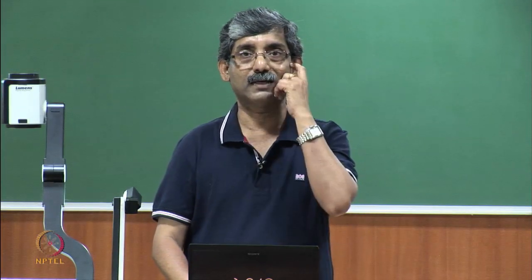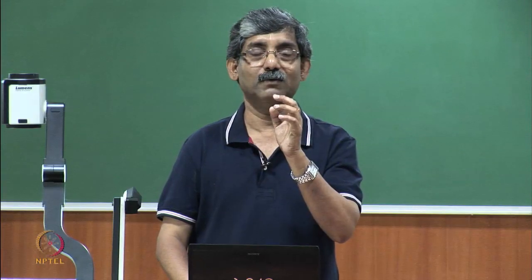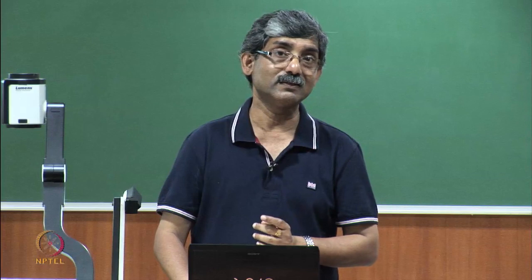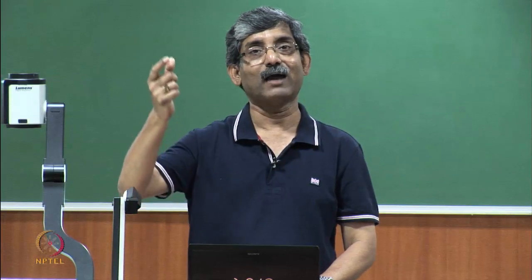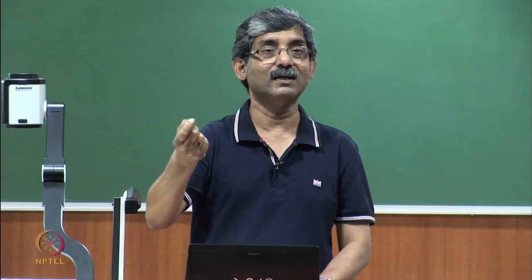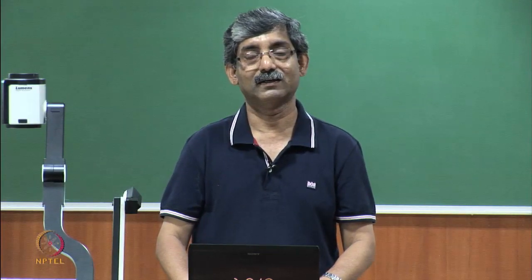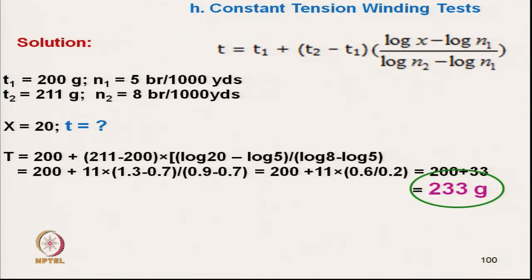So, this is a typical problem one can solve, and in industry the applicability is that we can set the tension, because otherwise if we set the wrong tension, it will unnecessarily affect the efficiency of the machine. That is the result.